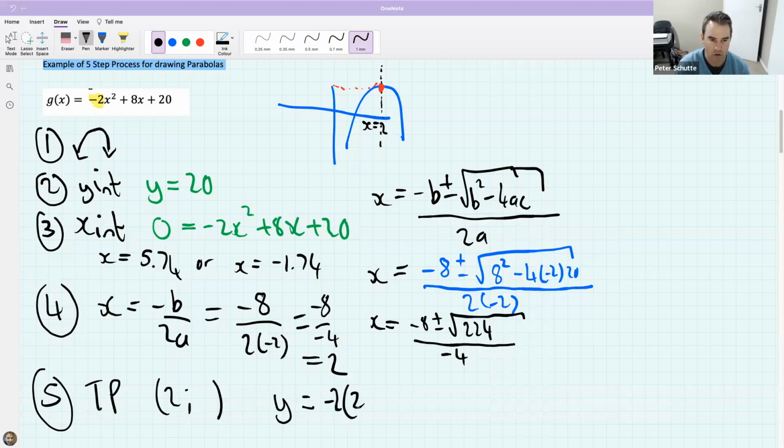So I get -2 times 2 squared plus 8 times 2 plus 20. So I'm subbing this 2 that I found back in here. Can you find me what the y value is?